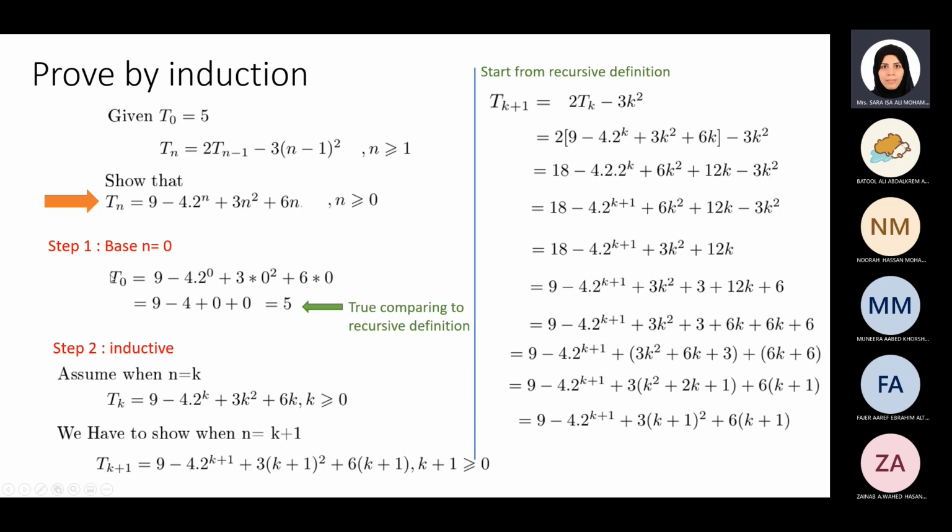You will compare your base value with the base in the given series, the recursive definition, and you will use the recursive definition to start your proof. One of the common mistakes done by students is that they substitute here with the recursive definition, and that will make them stuck. They never go outside the circle. Is that clear?